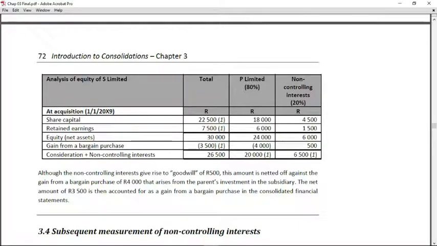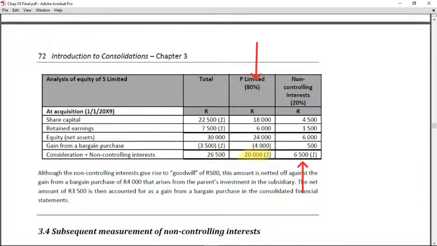The background to this example is that the parent obtained an 80% interest in the subsidiary for a consideration of 20,000 Rand. The parent also measured NCI at acquisition date at their fair value of 6,500 Rand.